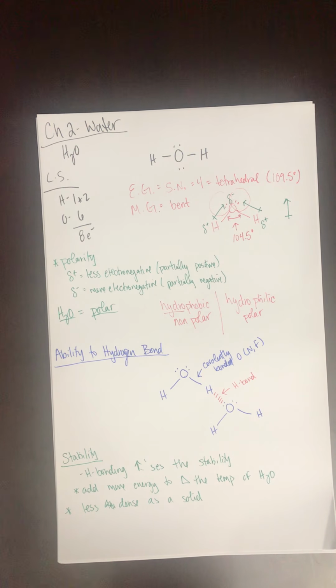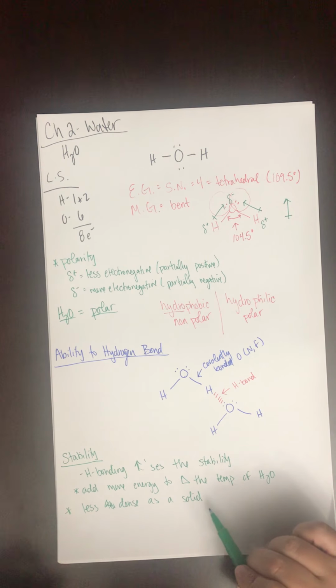Or if you've ever tried to freeze something that's totally full of water in your freezer, it will explode because that ice is going to expand as it freezes. That's because the lattice structure of these hydrogen bonds between all these water molecules will actually expand as it goes from a liquid to a solid. Water is not the only substance that does this, it is the only one that we will talk about. Most solids are more dense as a solid.